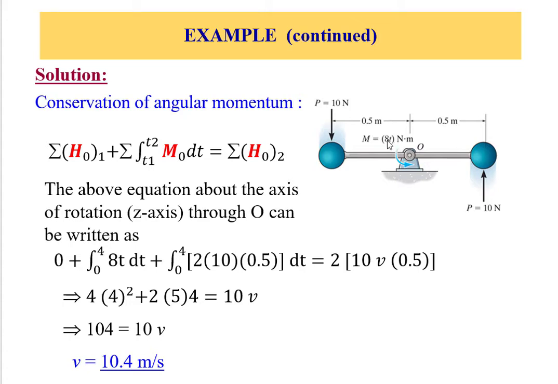So the integration of 8t is positive. Then the P of 10 and P of 10 cause rotation also, so it has two components.